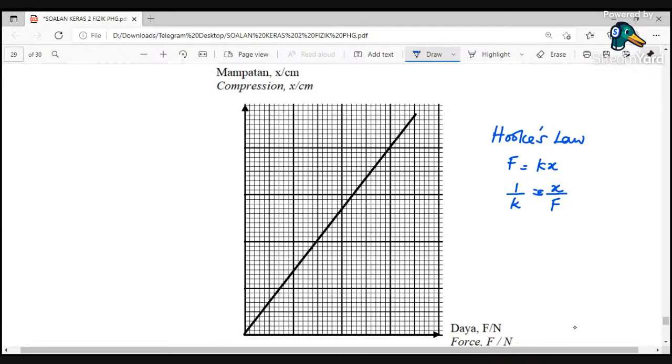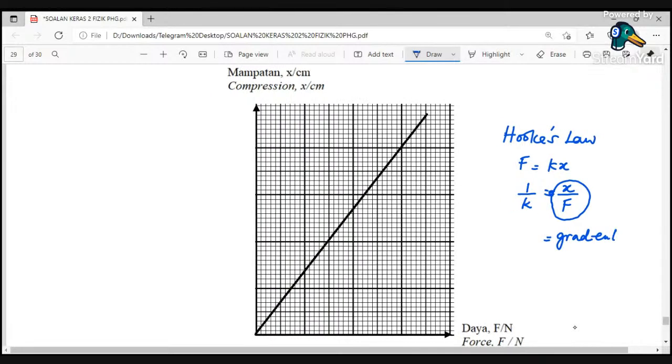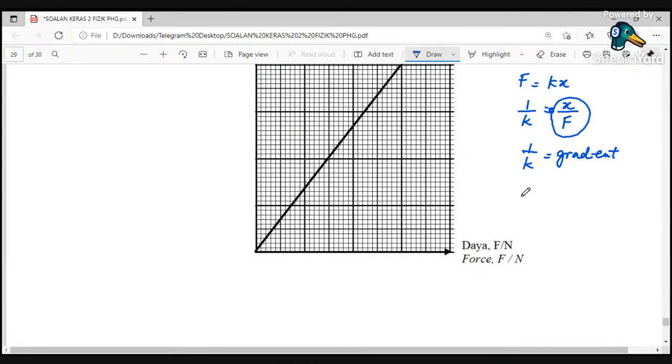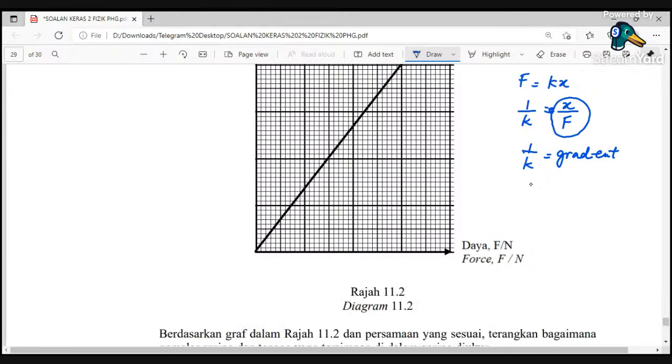So X over F ini actually gradient of this graph, sebab graph ini ialah X against F. Okay? Jadi gradient dia ialah 1 over K, spring constant. Kalau you calculate gradient, you nak dapatkan K. K adalah bersamaan dengan 1 divided by gradient. Okay?